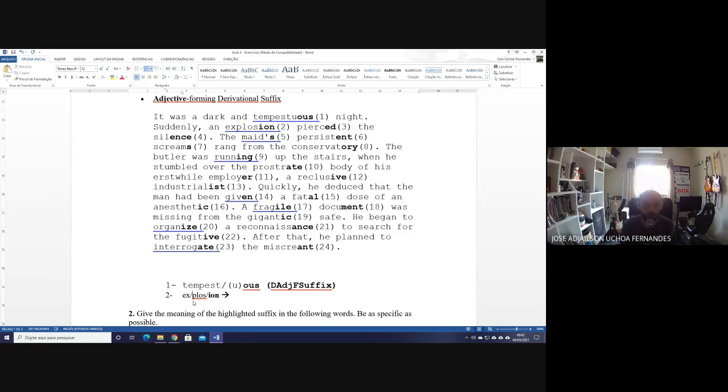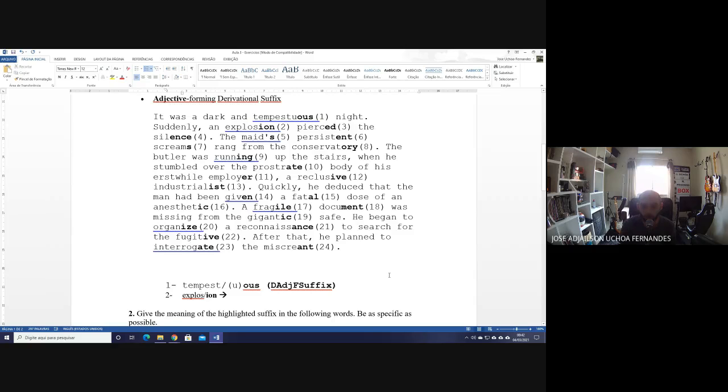Now, what is the meaning of plos, teacher? In English, none. But in Latin, there's a meaning, okay? Like in the word plot, for example, the plot of a story. But anyway, we are not interested in the prefix, just in the suffix. Now, what can you do with ex-plos or smaller parts of it?